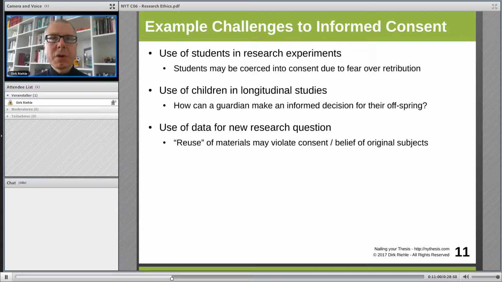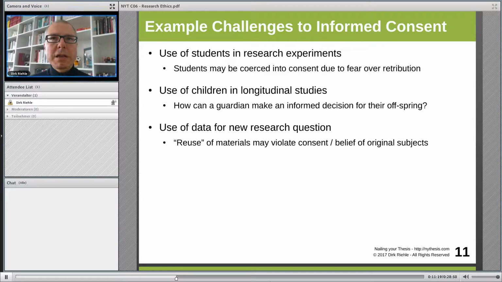What does it mean for the child to become an adult and find themselves possibly in a study they may not have agreed to, not even talking about breach of confidentiality, which is not assumed here.